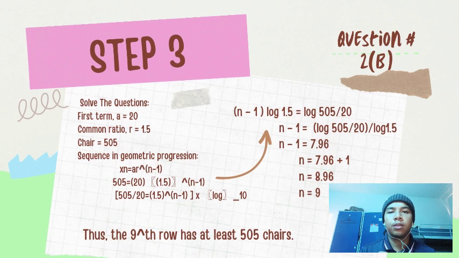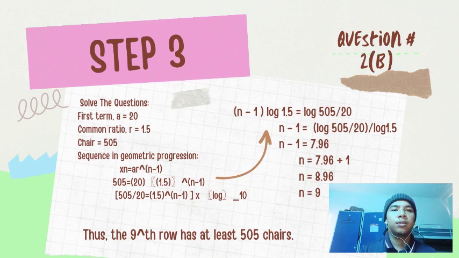minus 1. And in order to find the value of n, we need to take the log of the equation, and it will become n minus 1 times log 1.5 equal to log 505 per 20.